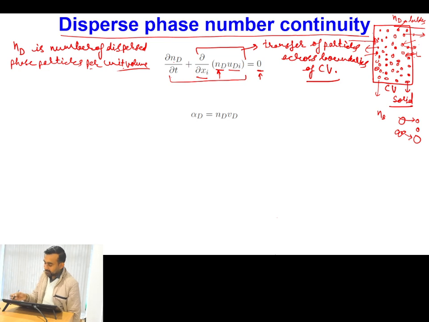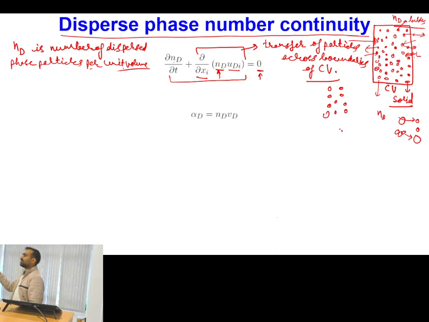Moreover, any change in number within the control volume has to be accounted for through some separate terms, so at the moment I am not accounting for that variation. I am simply assuming that dispersed mass always remains present in the form of particles, where the number of these particles can increase or decrease.